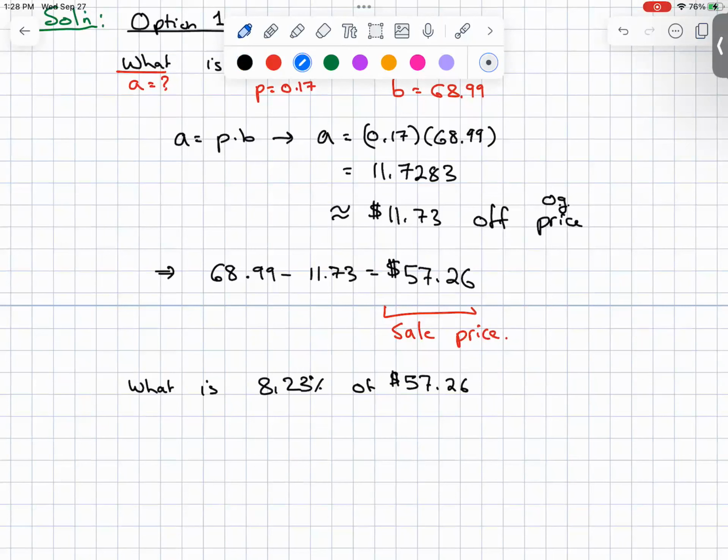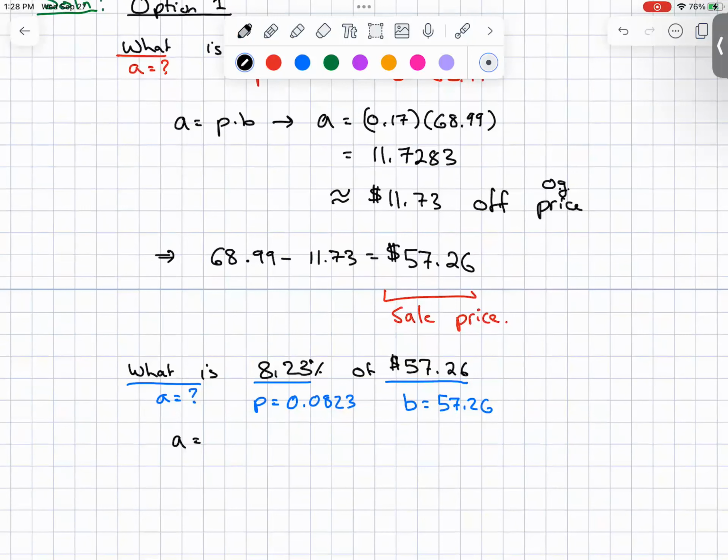So once again, A is the unknown, P is 0.0823, because this is the decimal version when you're using the equation. And then this is our B value. That is to say, A is equal to P times B. Yes, I'm writing it every time.